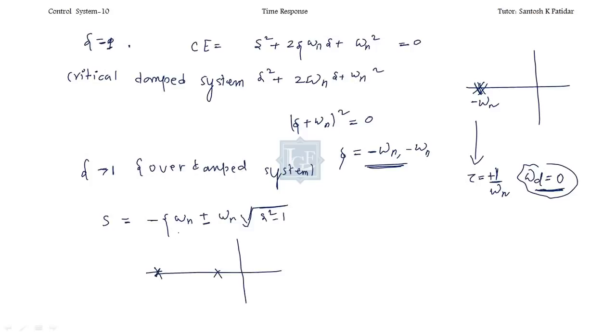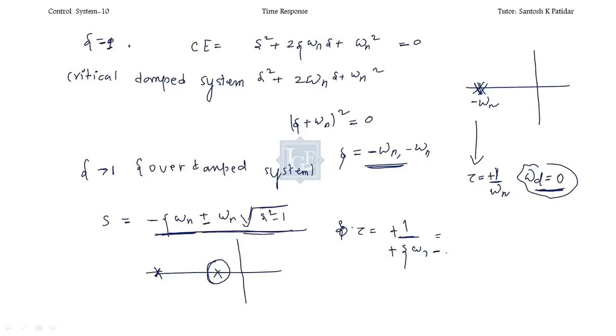Correct. Over here also, what is the time constant? The time constant tau is minus 1 upon the real part of the pole. This is minus zeta omega n. This will cancel out, and this is the entire part you will consider over here. So the dominant pole we will consider over here, and that is which one? Minus zeta omega n plus omega n square root of zeta square minus 1.